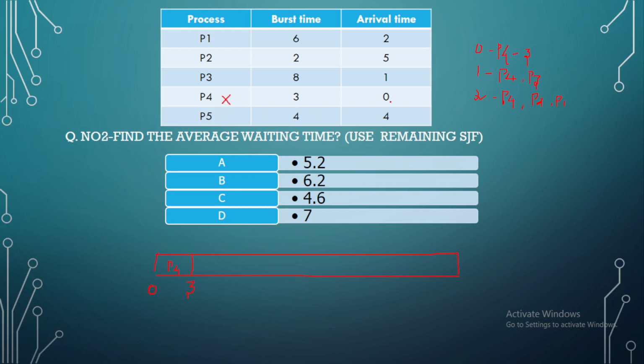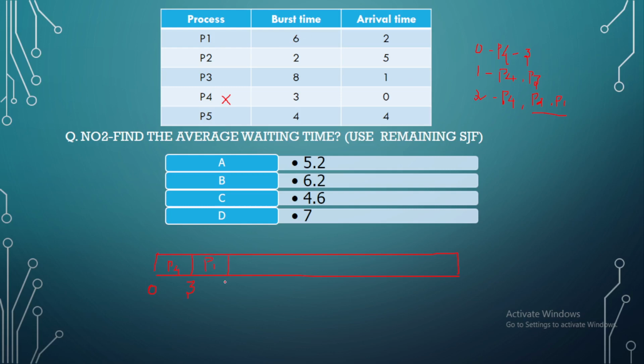At the time of 3, P4 has completed its execution, so we have P3 and P1. Among these the smallest process is P1, so P1 will be given the CPU.